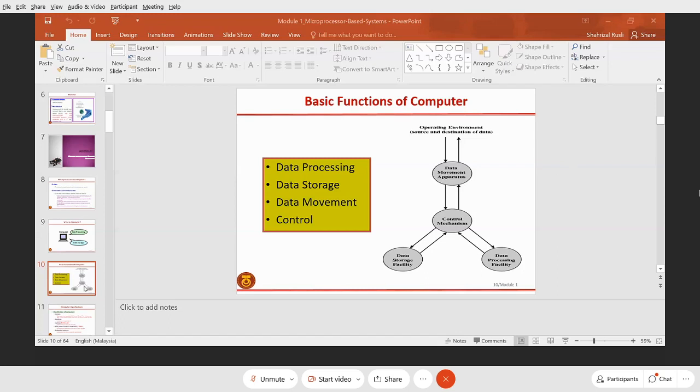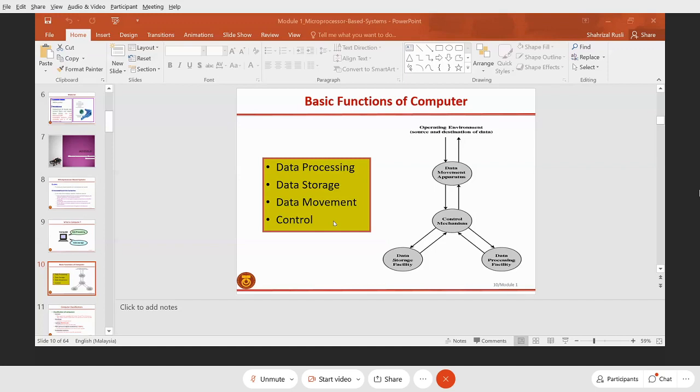And there's a control. Where does the control mechanism happen? It happens in the CPU itself. In fact, in the CPU there is a unit that is called the control unit.